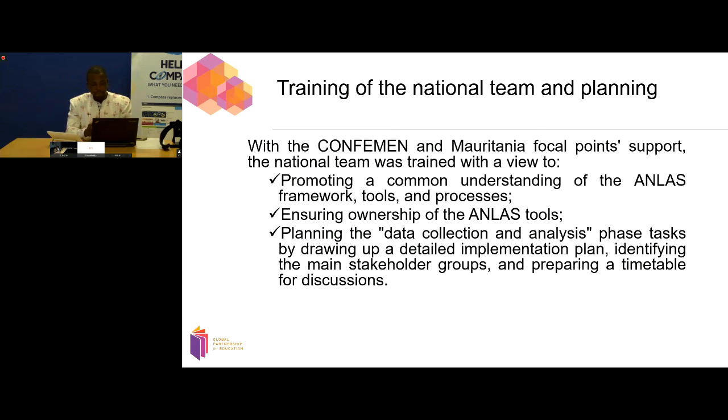This phase also enabled us to go into planning of the consultation in collaboration with the stakeholders for collecting data. So we had a framework for these consultations.